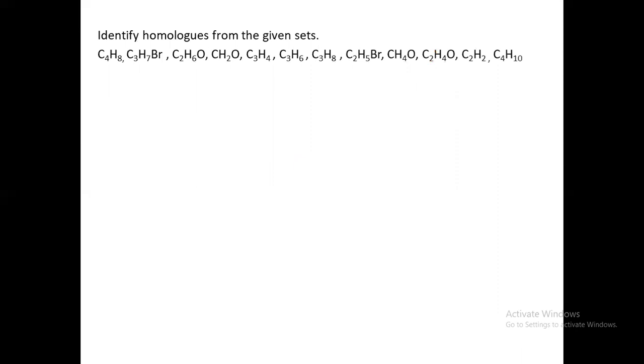This is one of the important question types: you'll be given a set of compounds, and you may be asked to identify the homologs from them. We just check for common formulas. Generally, what is the alkane formula? CnH2n+2. So you can search for any compound obeying this formula.